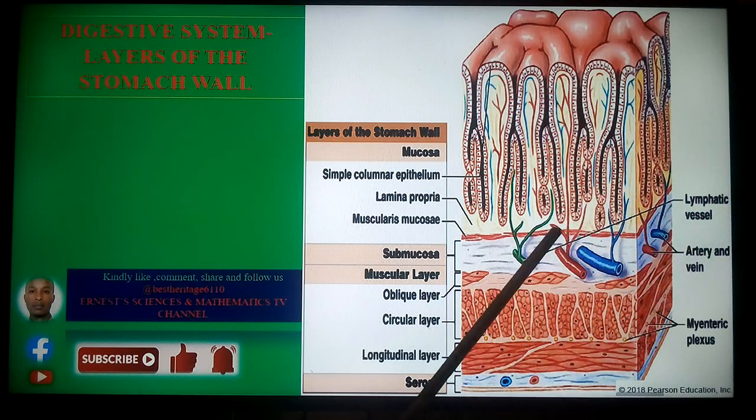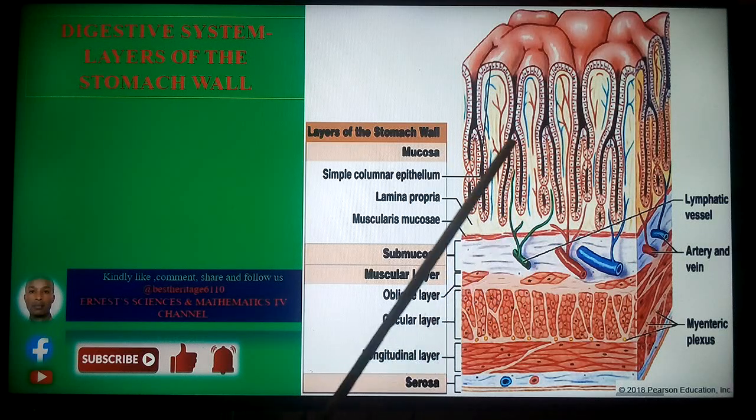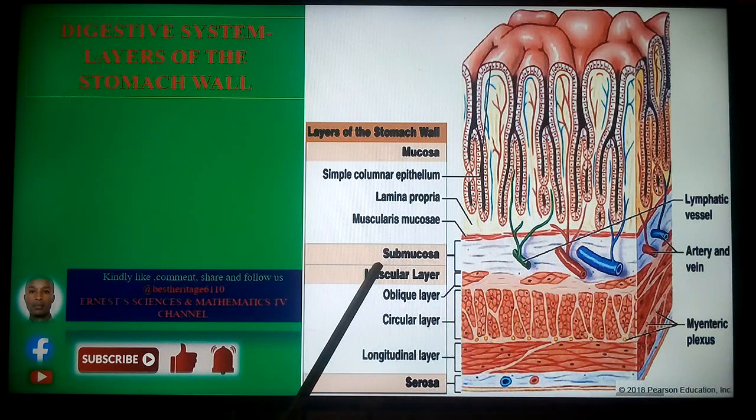As I've shown, this one in green consists of the lymphatic vessel, which also provides for exchange of materials between this section of the stomach, the submucosa and the muscular layer located at this point.